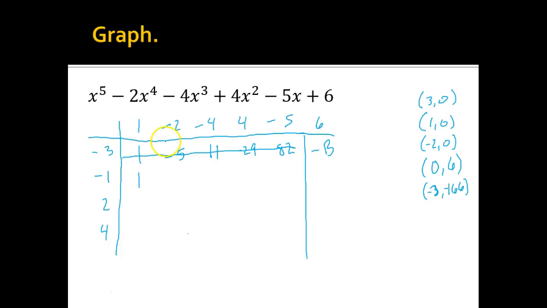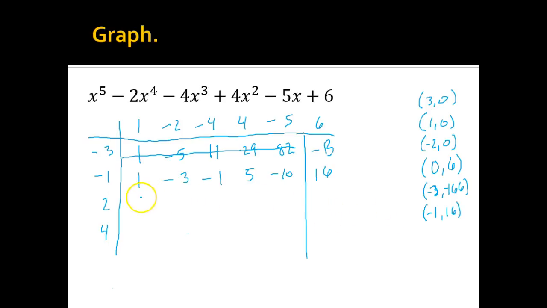Negative 1 times 1 is negative 1, minus 2 is negative 3, times negative 1 is 3, minus 4 is negative 1, times negative 1 is 1, plus 4 is 5, times negative 1 is negative 5, minus 5 is negative 10, times negative 1 is 10, plus 6 is 16. So here we go, that's kind of what we expected. When x equals negative 1, y equals a positive number, and it's not too far off the chart. We could probably graph that.